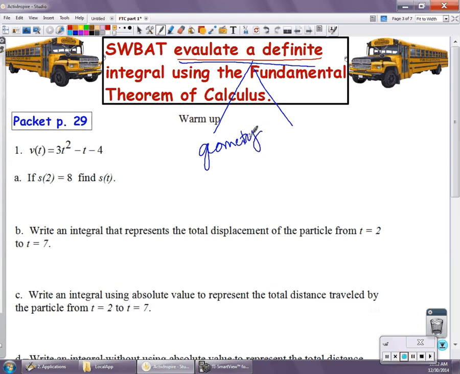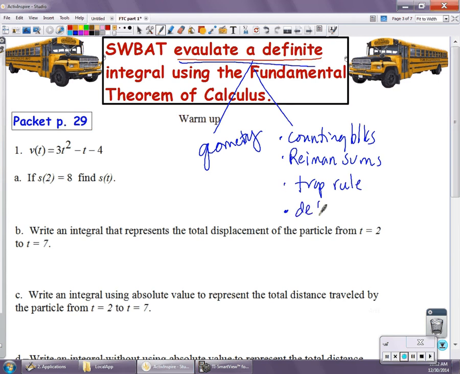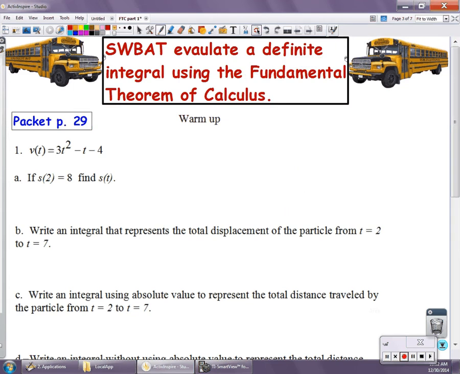We have done counting blocks, Riemann sums, the trapezoidal rule, and the definition of a definite integral, but we have not evaluated definite integrals analytically, and that's what we're going to do in this video.